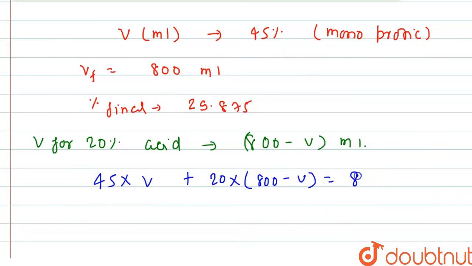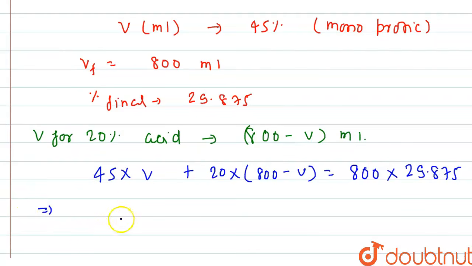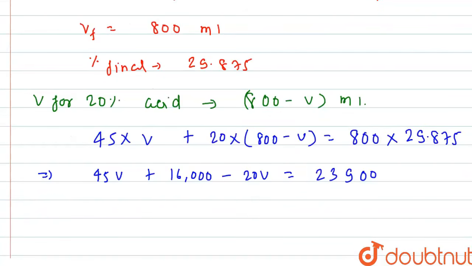So the final volume is 800 milliliters and the final percentage is 29.875, and this can also be written as 45V plus 16000 minus 20V equals 23900, and we can also write it as 25V equals 7900.